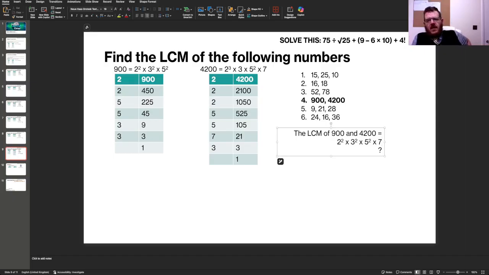36 times 25. 4 times 9 is 36, times 25, because I see 2 lots there, times 5 is 800.